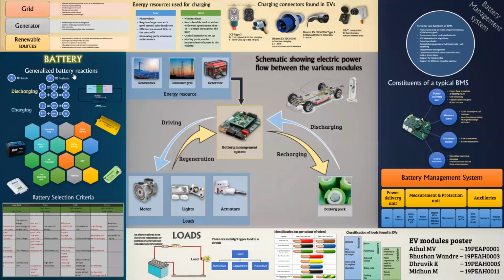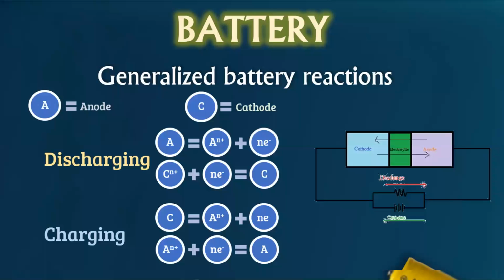Hello everyone, this is Yuvik, and I'll be taking the next block and next flow of this circuit. After the battery management system, we'll move on to the battery part. So what exactly happens at the battery part? First we'll see the generalized battery reactions, charging and discharging.